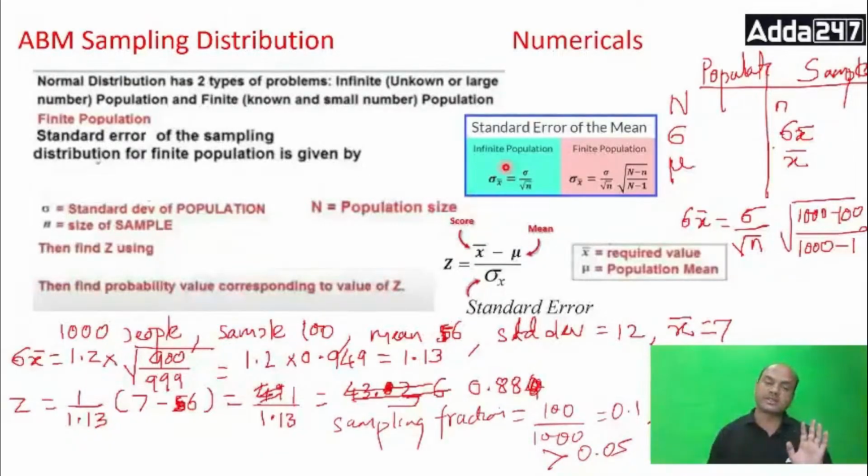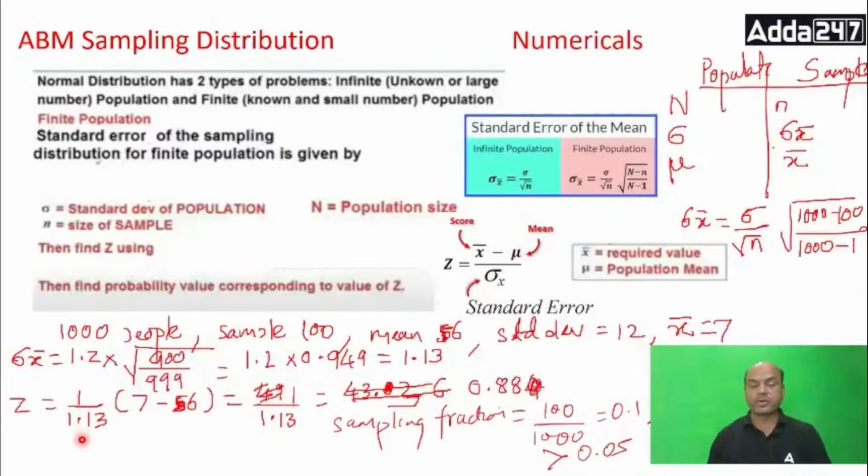Suppose in the exam they don't give you 1000 people. Then this becomes infinite population because you don't know the final population. Then you will use the formula only sigma upon root of n. Got it? Now you have found the standard error. Now find z. z equals 1 upon standard error into x bar minus mu.